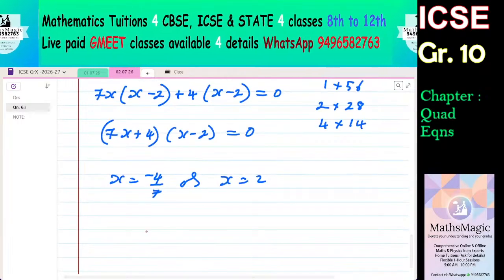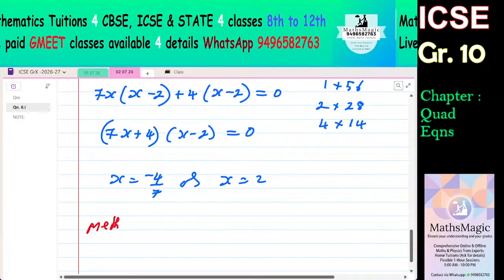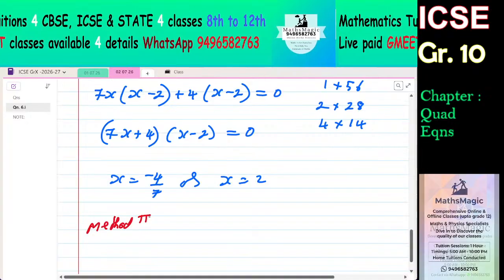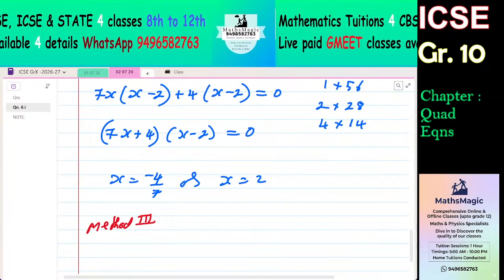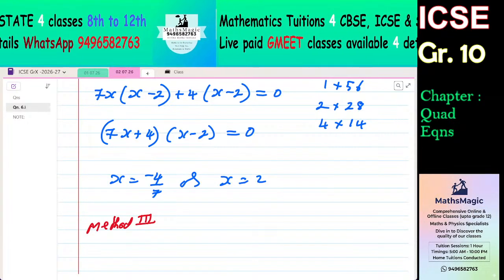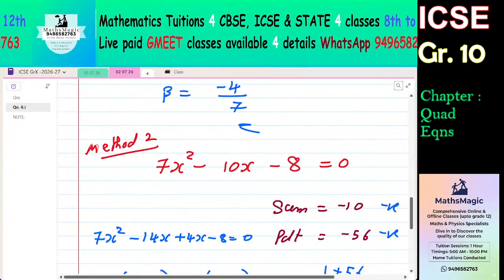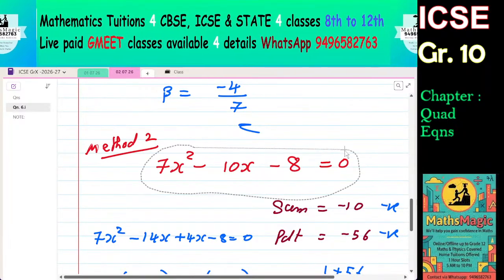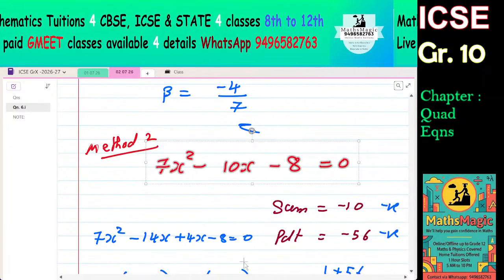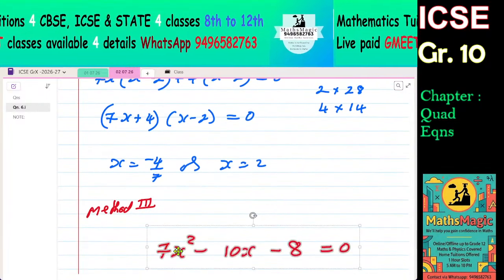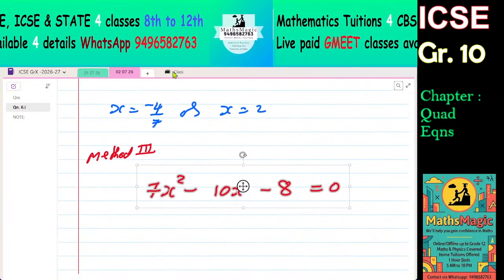And in method 3, try to remember the division of polynomials that we have discussed in previous year. Let me take this quadratic equation. This is our quadratic equation.